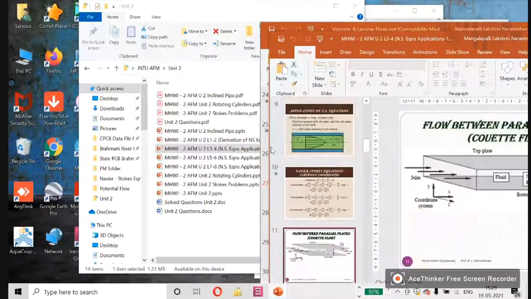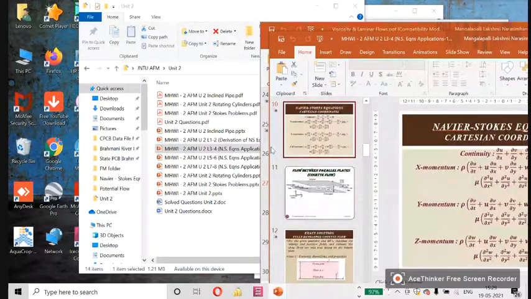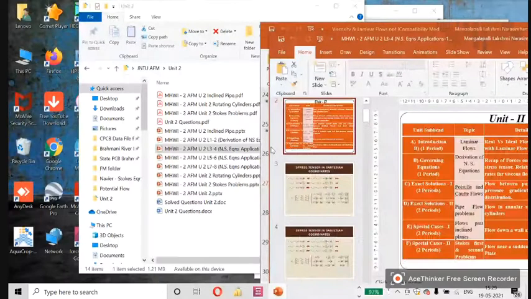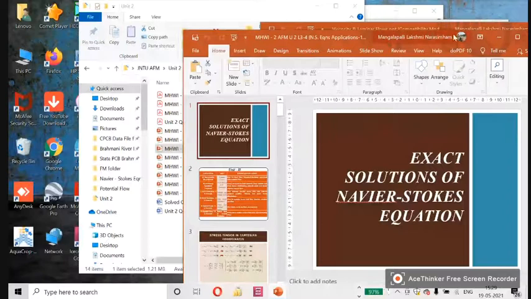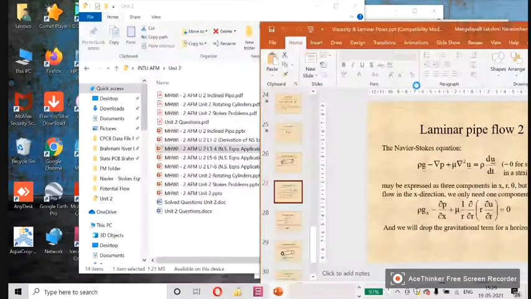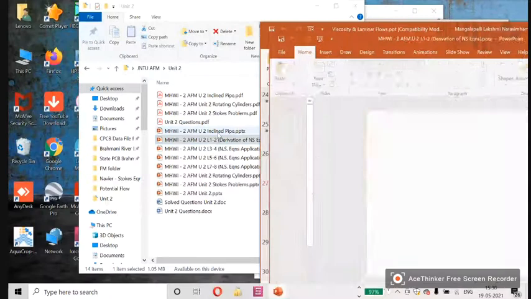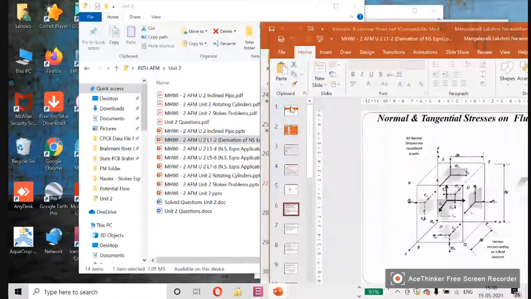I'm searching for it. This is Cartesian coordinates. Cylindrical coordinates where I have given.